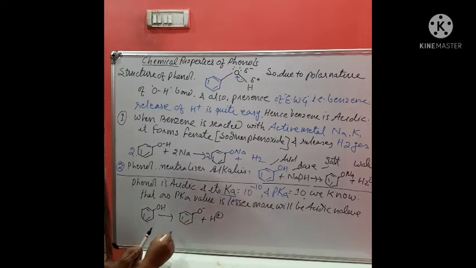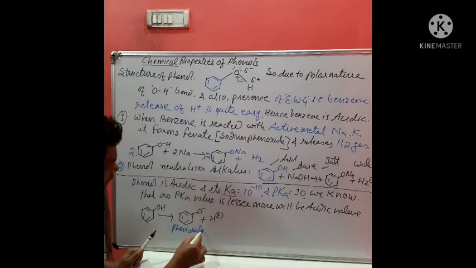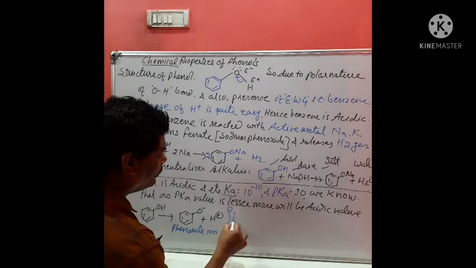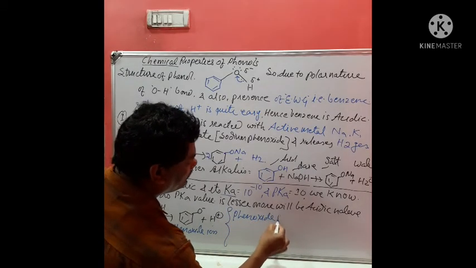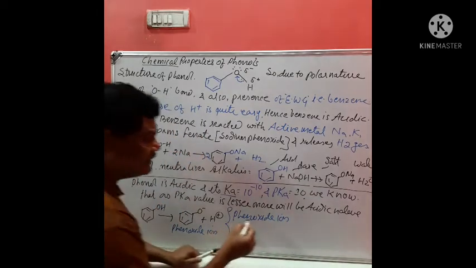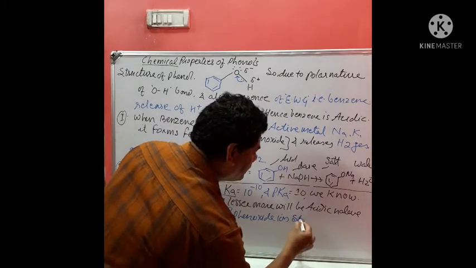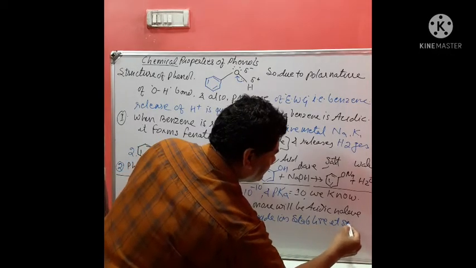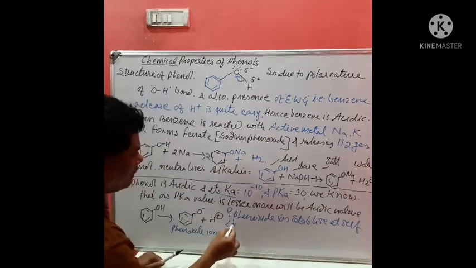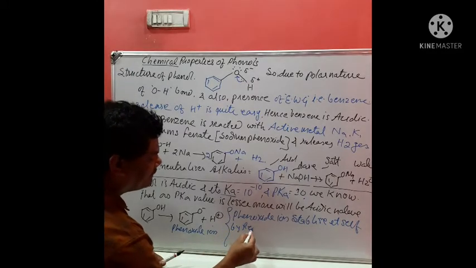So this ion is known as the phenoxide ion. Okay, and now student, you also know that the phenoxide ion stabilizes itself by resonance.